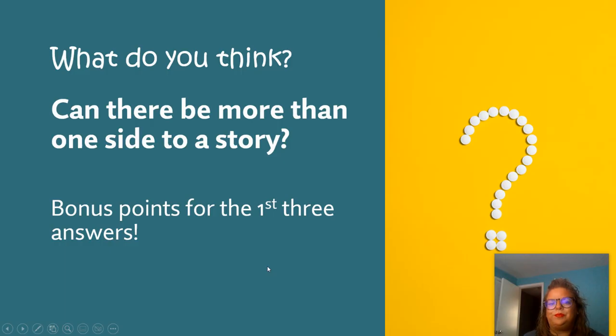So, a question to think about is, can there be more than one side to a story? And I think that there's an old expression that says there's your side, there's my side, and then there's the truth. So I think that definitely shows that every person's experiences, personality, relationships, background, or culture goes into play in how they perceive a situation.